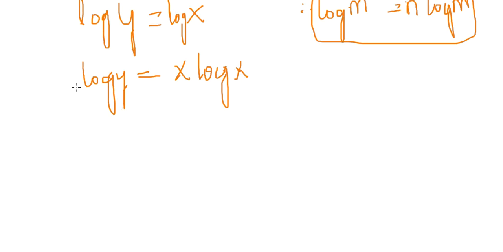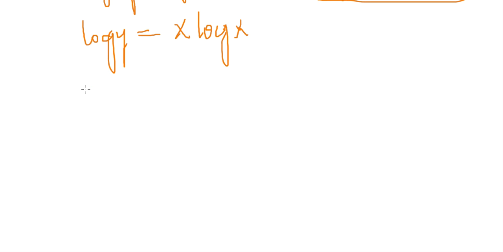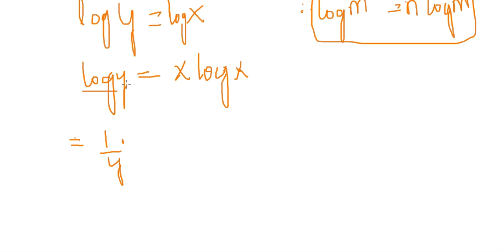Now I'm going to apply the d by dx on both sides, like differentiating on both sides. I get derivative of log y is 1 by y, but I'm doing implicit differentiation, so you need to multiply by dy by dx. And on the right side you have a product of 2.